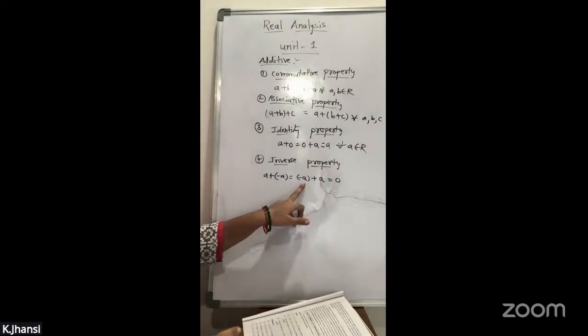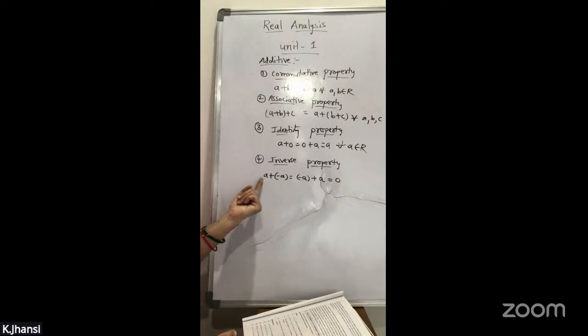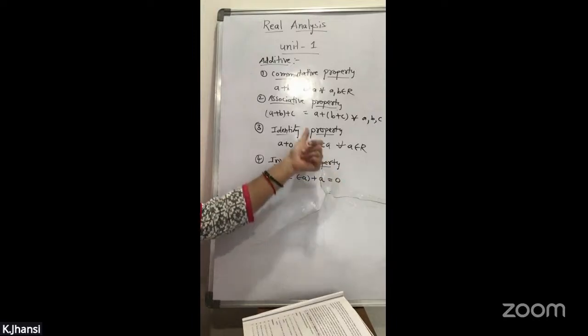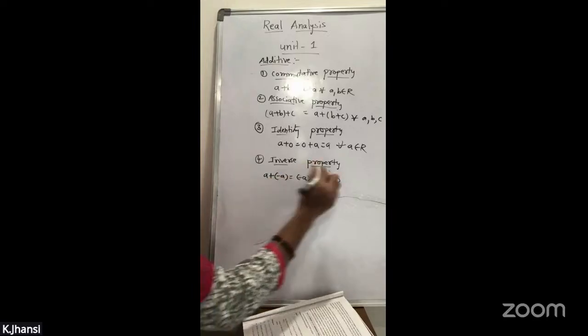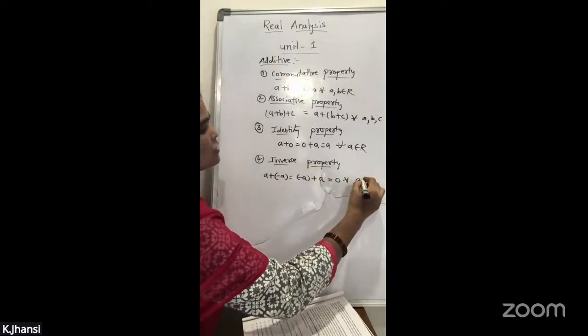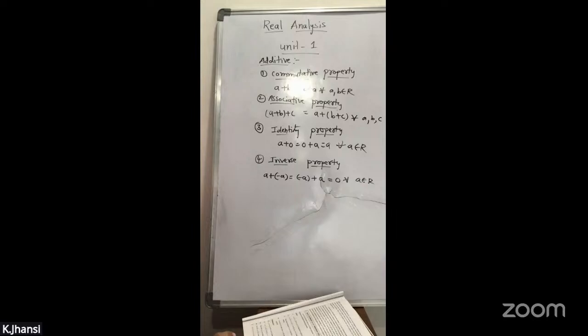Here, whatever minus a is, that is called the inverse. So the inverse of a is minus a. When you add a number and its inverse, we get the additive identity, that is 0, for all a belongs to R. This is the inverse property.